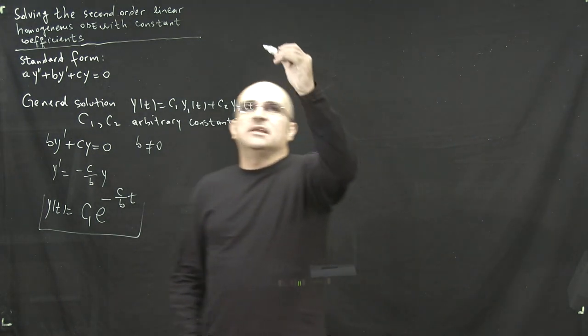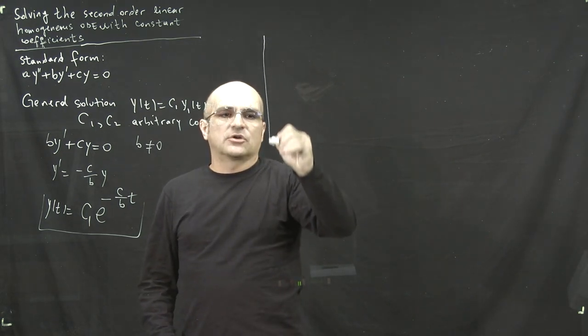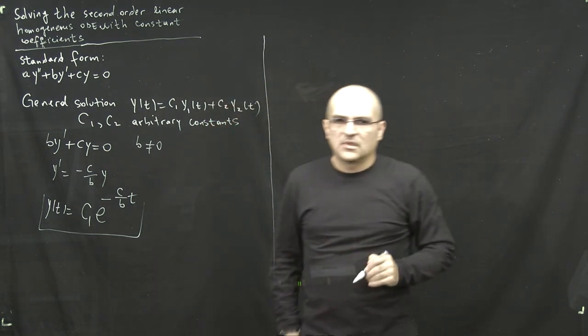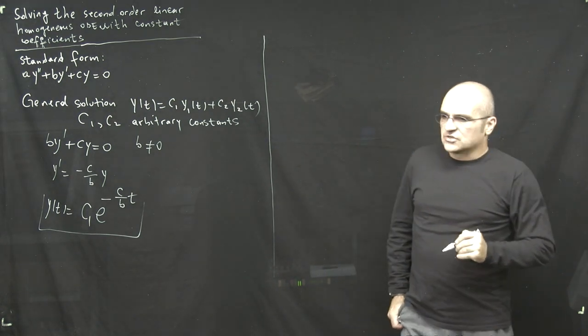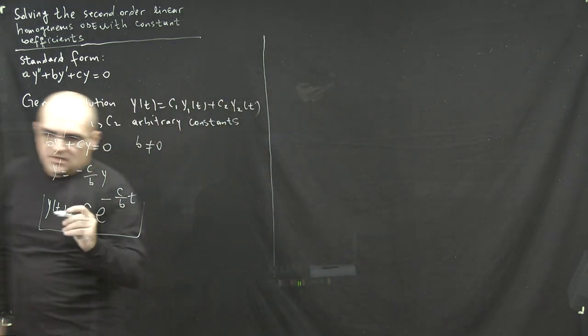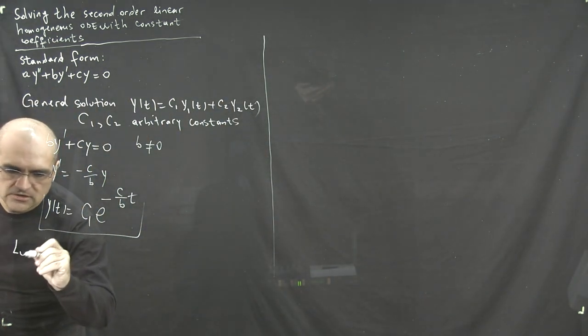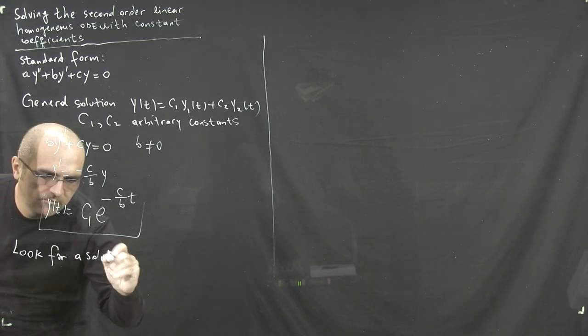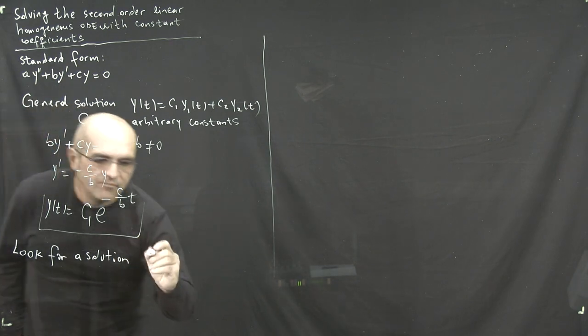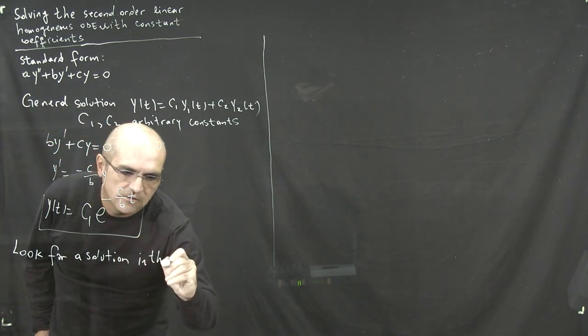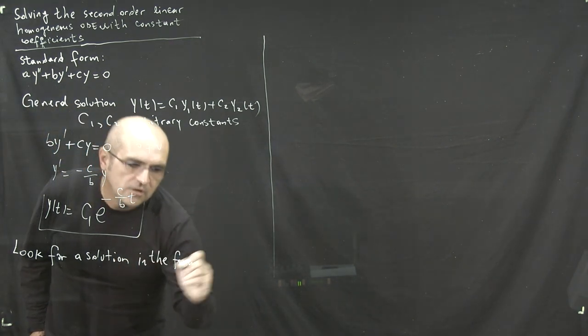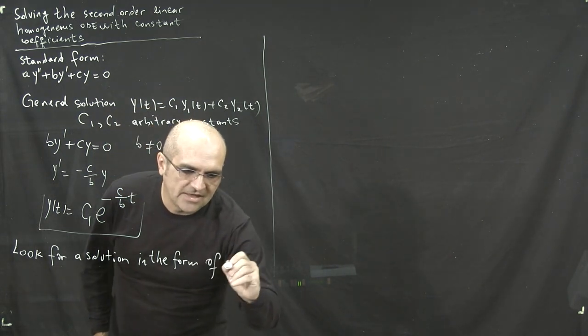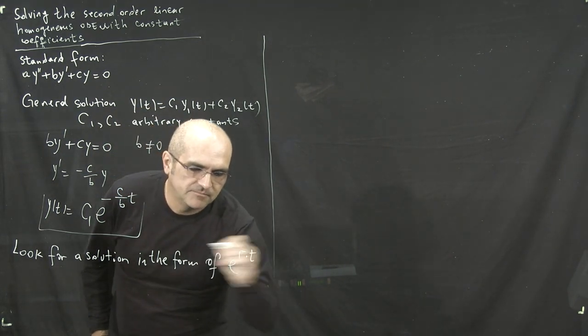So that is the whole idea behind looking for a solution for this particular equation. So we should write it here. The main idea is to look for a solution in the form of an exponential, like e to the power rt.